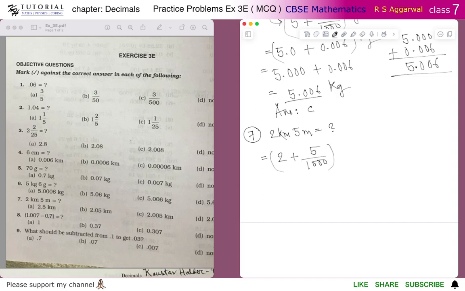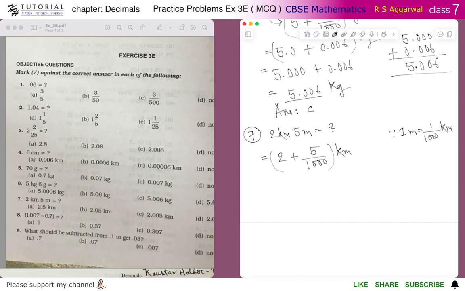So this is this much kilometer. We have converted 5 meter to kilometer by dividing by 1000, because we know that 1 meter equals 1 by 1000 kilometer.